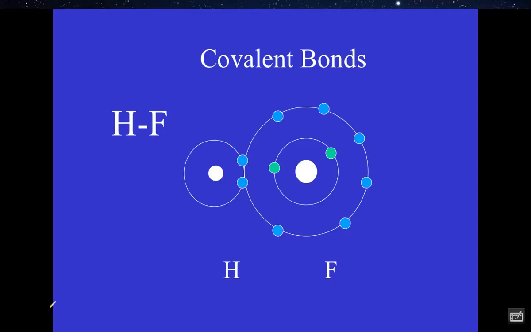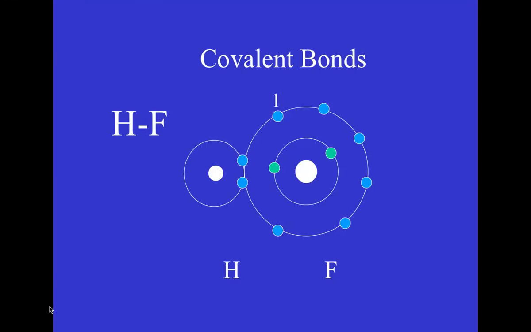These electrons here are the ones that they share with each other. These are the shared electrons. So they actually count for both atoms. All right. So if you look at this here, on my fluorine, I have 1, 2, 3, 4, 5, 6, 7.